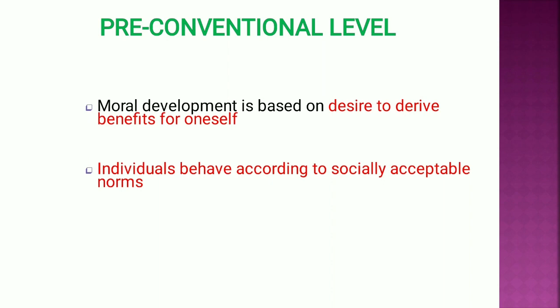First, we are going to learn about the pre-conventional level. This pre-conventional level is a moral development based on the desire to derive benefits for oneself. That is, individuals behave according to socially acceptable norms.